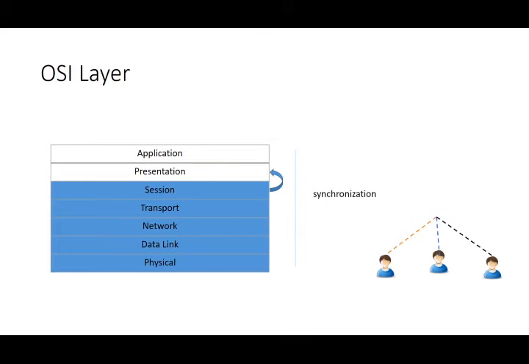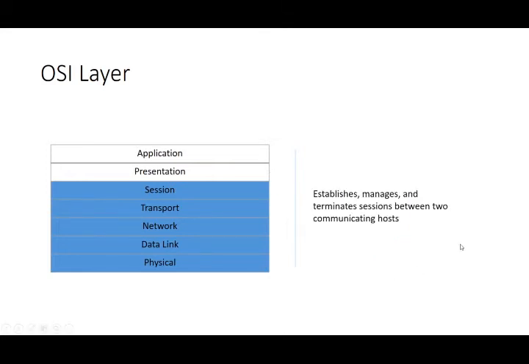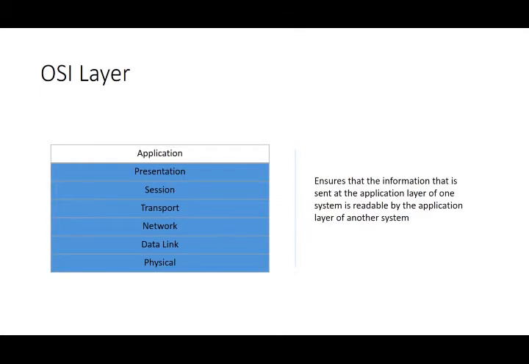Moving up another layer, to layer 6, the presentation layer. That is the layer that deals with how the information that is sent at the application layer is going to be readable by the application layer at the other end. So it is all about how the data is presented for readability. An example here would be a program that communicates with another computer.